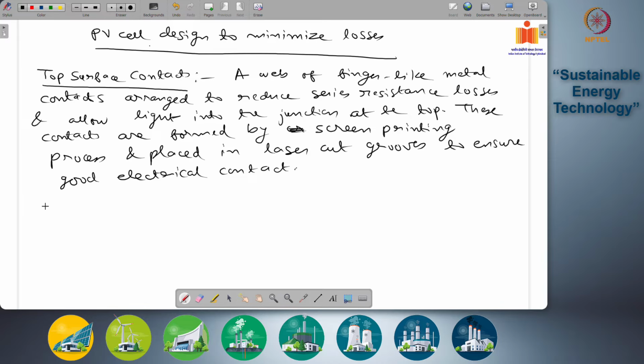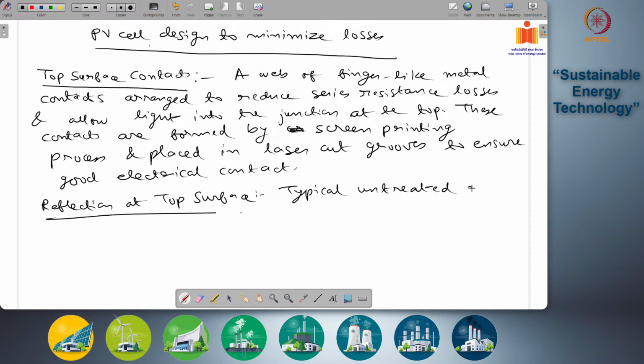Now, the next point is reflection at the top surface. So, typical untreated silicon surfaces have reflection losses up to 40%.